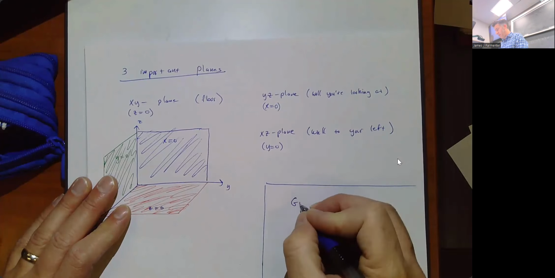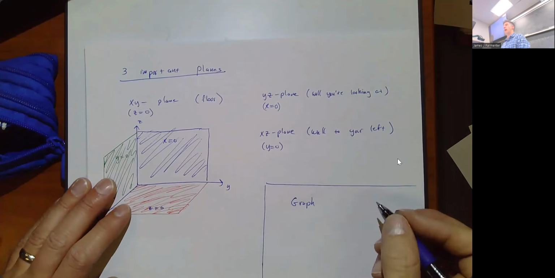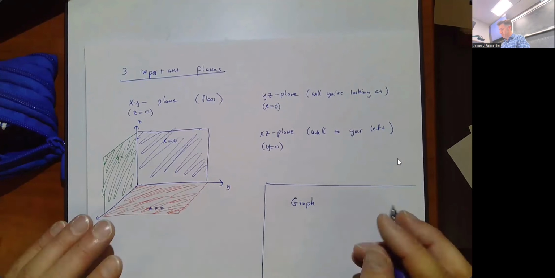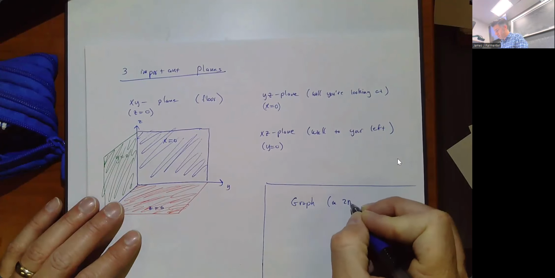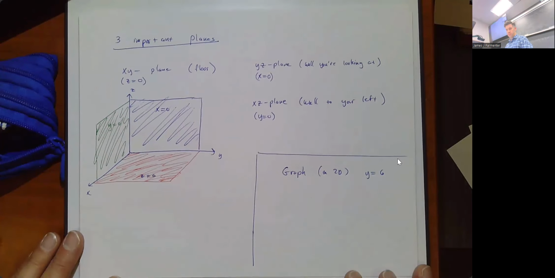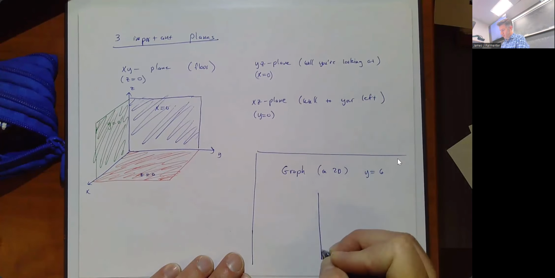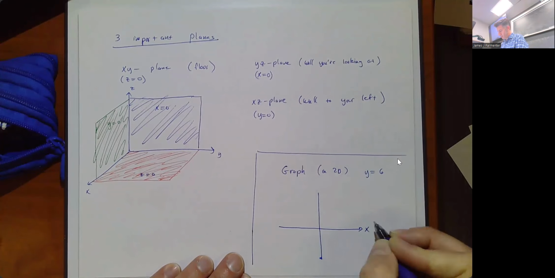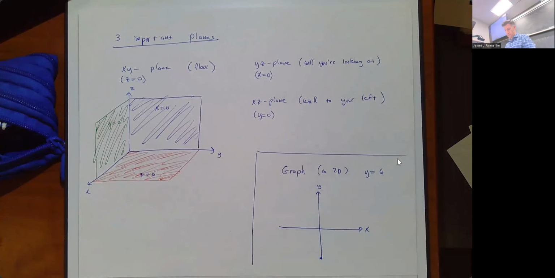If I was going to graph, in fact, all of you should graph in 2 dimensions, y equal to 6. Give you a moment here to graph it. Take my pens.